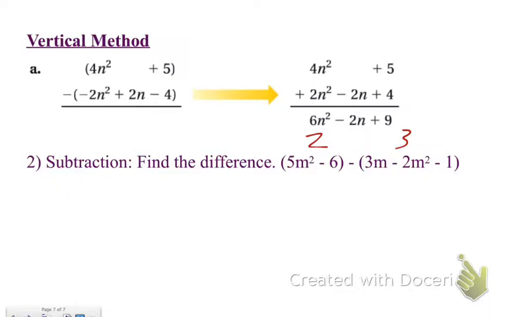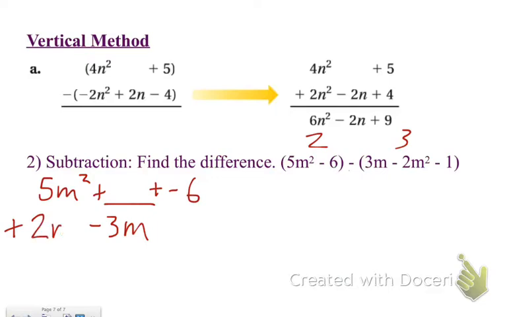The first one, 5m squared, I don't have an m term, and then I have a -6, and then I'm subtracting a -1, so I'm going to write adding -3m. Negative times a -2m squared becomes +2m squared, and then negative times a -1 becomes +1.